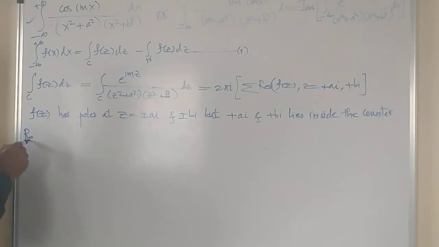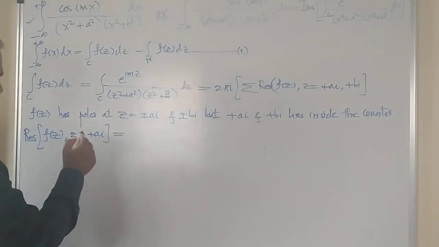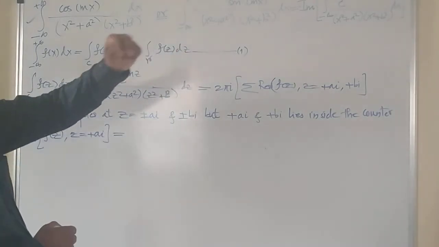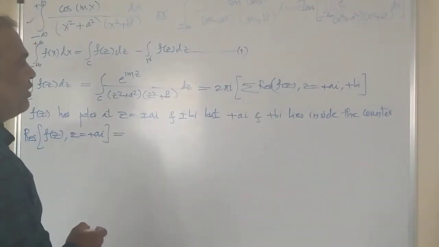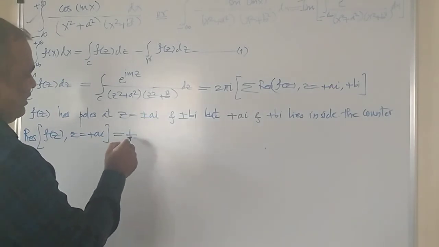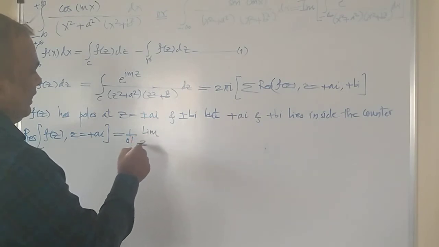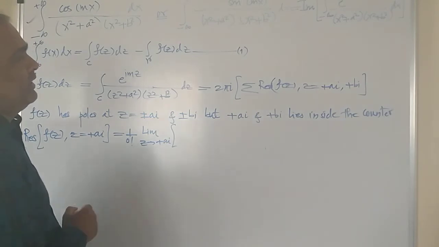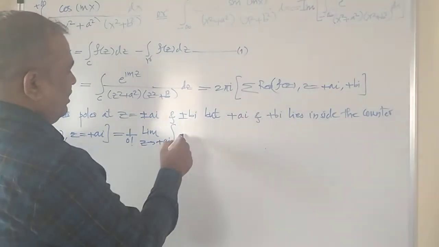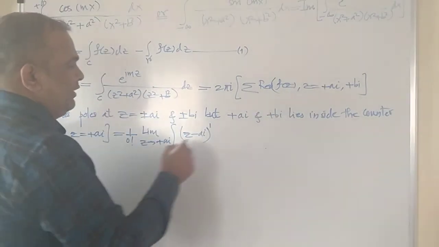So let's calculate the residue of the function. The residue of the function f of z at z equal to plus ai. We have just now calculated the residue for the earlier case, but in this case the residue will be different because our function is different. So this is equal to 1 upon (n minus 1) factorial, that is 1 upon 0 factorial, n has the value 1, into the limit z tends to plus ai of the (n minus 1)th derivative, that means the 0th derivative, of (z minus ai) raised to power n into f of z.